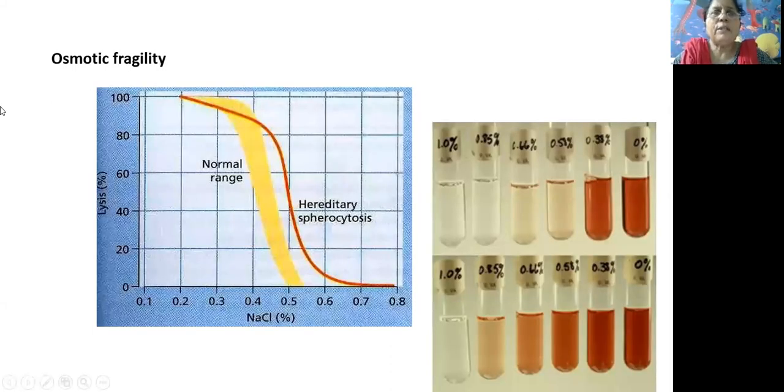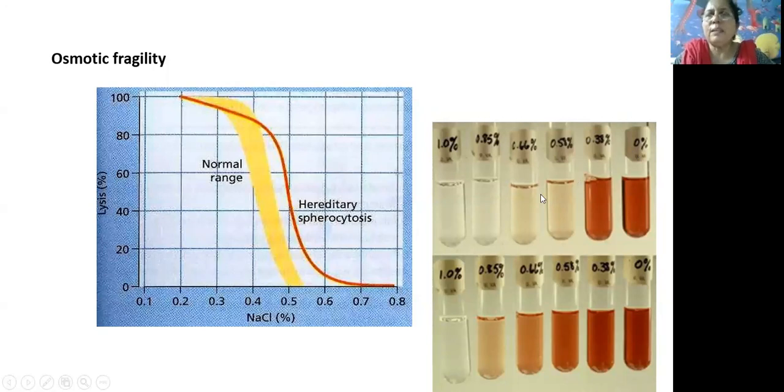So then what are the investigations to prove it? Osmotic fragility. You all said normal saline is good. Okay. So we put up a lot of concentrations of saline, right from 0.9 to lower concentrations.